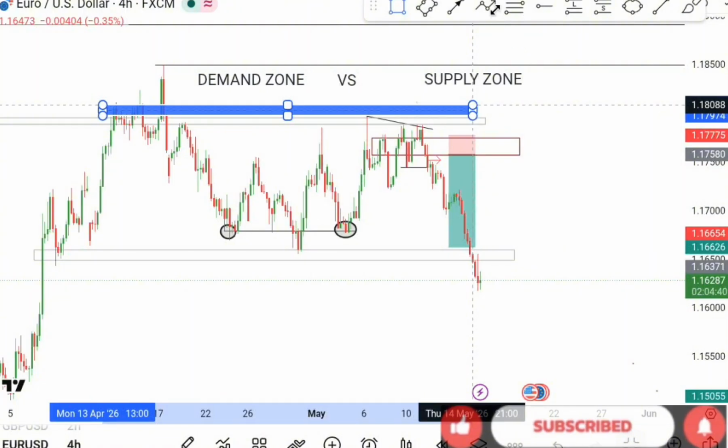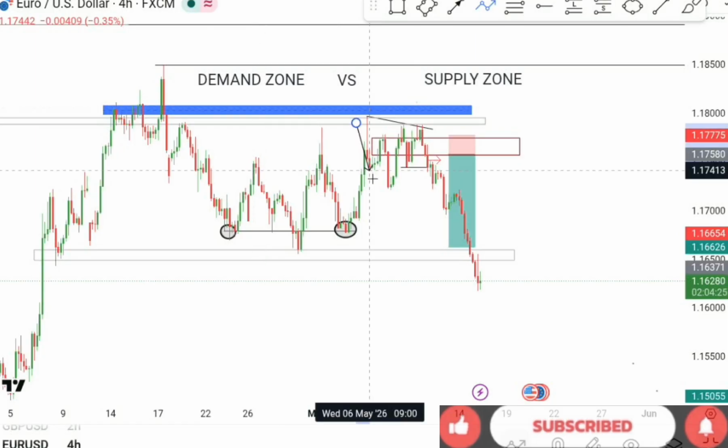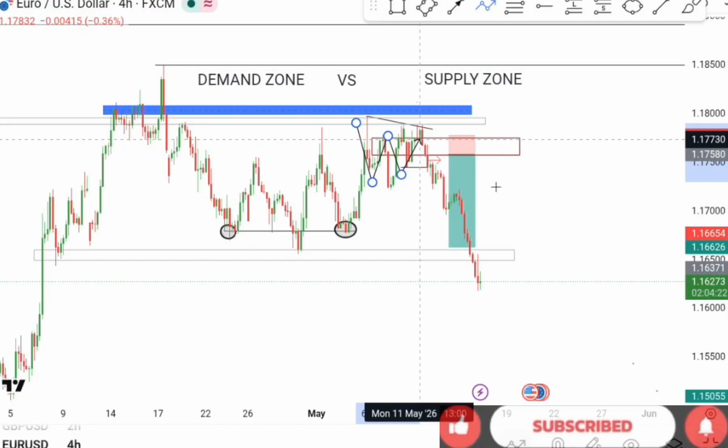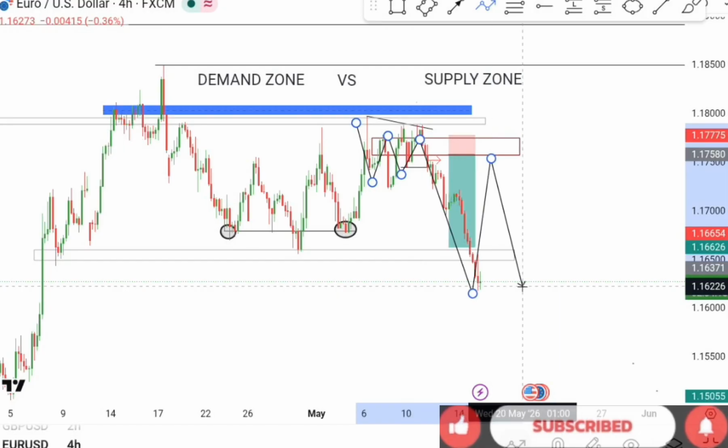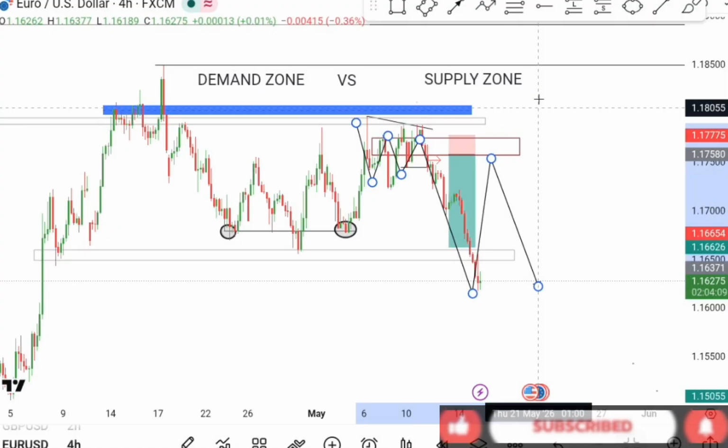You can see this EUR/USD, this impulse is starting from a higher time frame level. Since this impulse is coming from a very high time frame level, we have every characteristic to take this trade whenever the retest comes back to this zone. From this angle, we are seeing some retest.